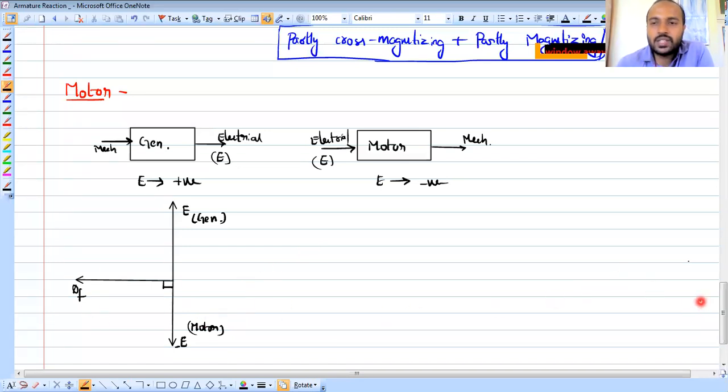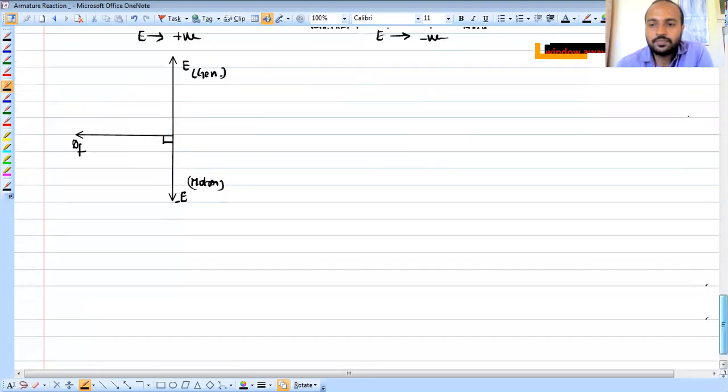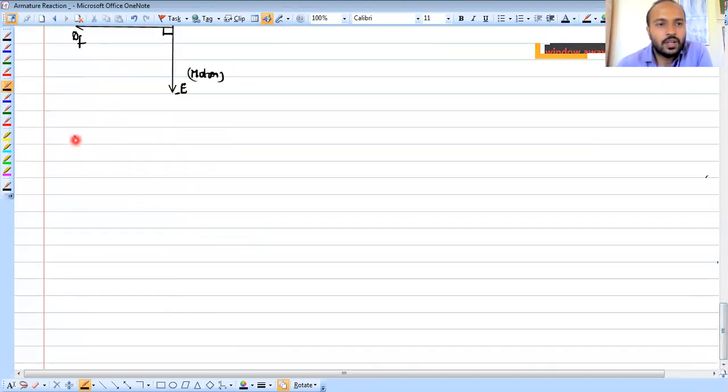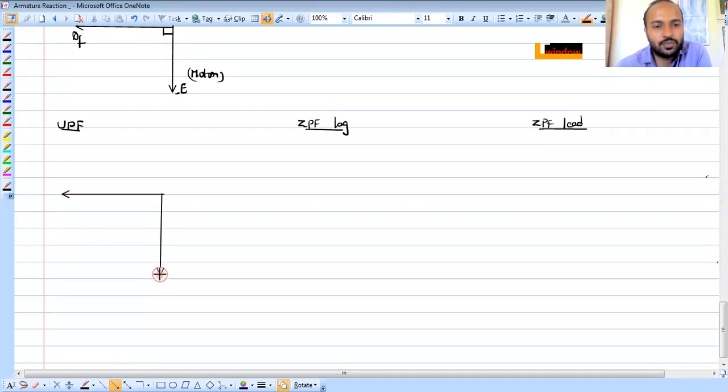So let us try to analyze for different power factors again. So we will see for different power factors like unity power factor, and we will see ZPF lagging, and ZPF leading. Okay. Let us try to analyze for motor. So in case of motor, just now we saw the direction of main field flux and EMF will be like this, right?